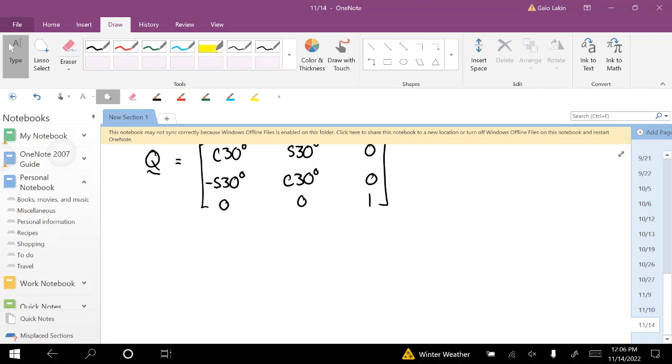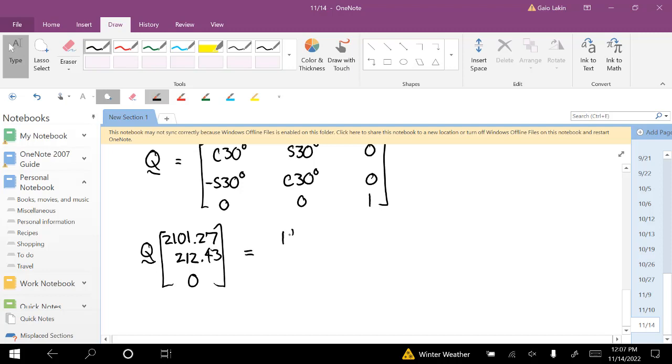So, okay, the first one is Q times the vector 2101.27, 212.43, and then 0 for z, because that's a 3 by 3 matrix.